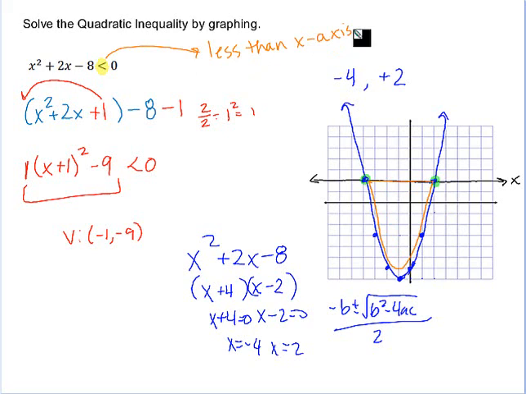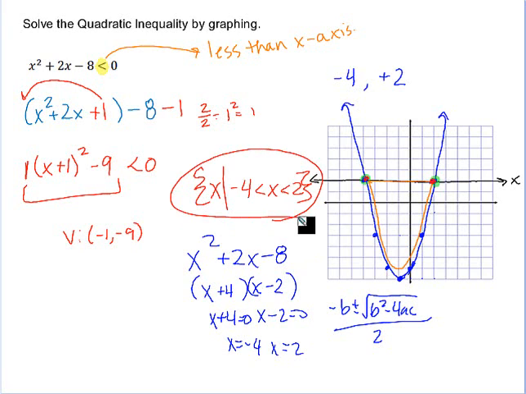That's where our graph is less than the x-axis. So this tells us that our solutions lie in between -4 and +2. So our solutions here are all the values for x where we are in between -4 and +2. So -4 is less than x is less than 2.